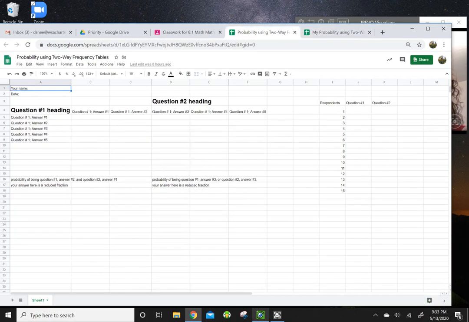When we go back to this table you were looking at, you've got question number 1, answer number 1. So if your question is, if given a choice, what activity would you choose? That could be your question 1. And then for question 1, answer 1, you could say soccer.